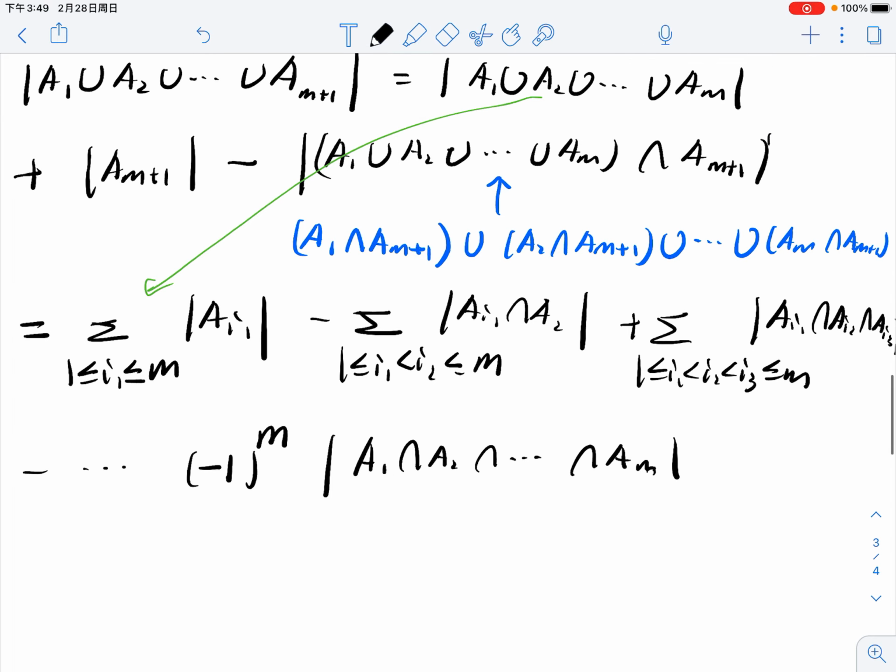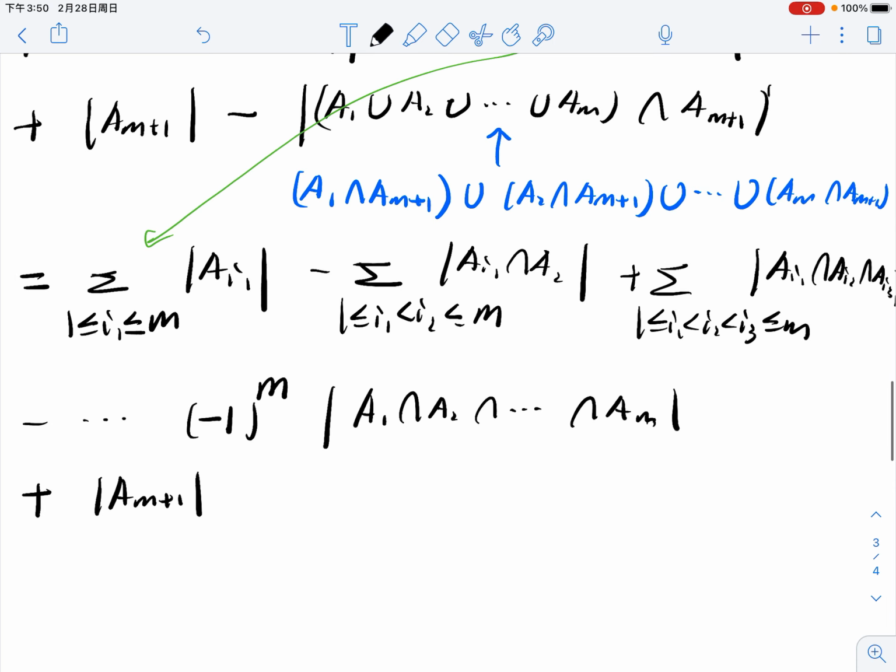Even though you may not need this information, it's a good habit to keep a record of the last few terms as well as the first few ones. Okay, and then you have the absolute value of AM plus 1. You just keep it.